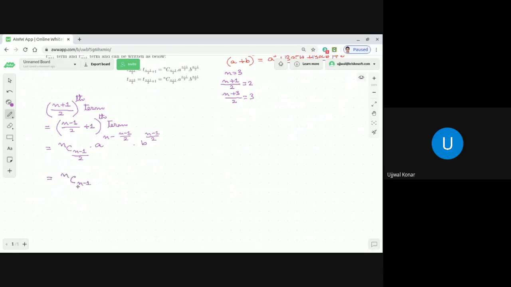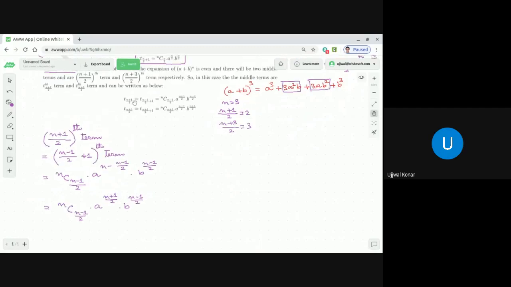So a^(n-(n-1)/2) becomes a^((n+1)/2), into b^((n-1)/2). Correct or not? So this is one term we got, and that is also given in terms of the formula, dear students.